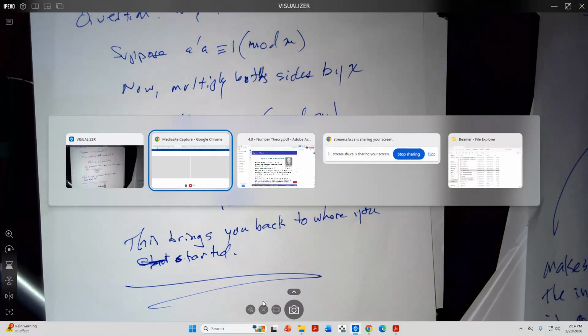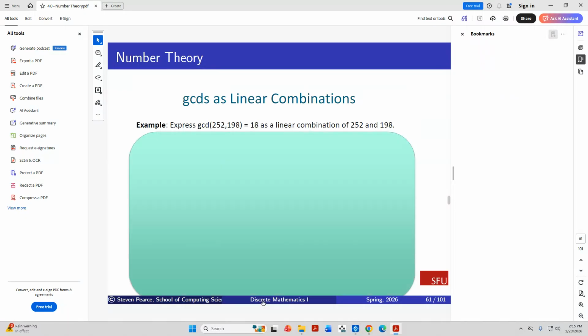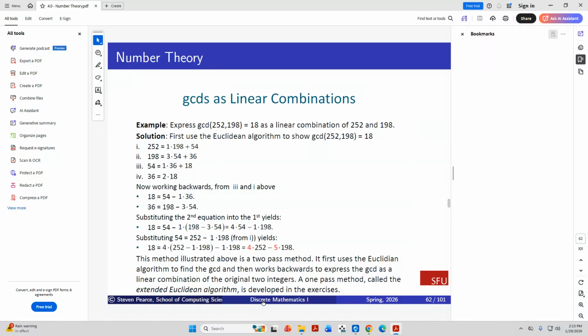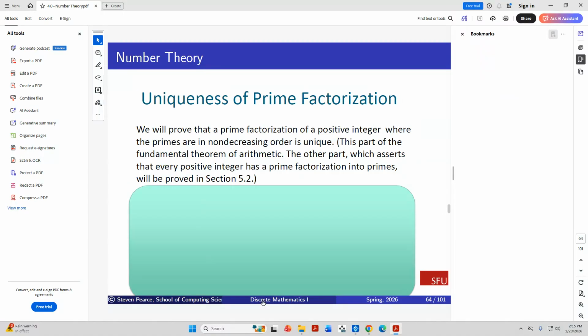All right, and so let's just get back here. Bezout's theorem helps us do this. I think we did this already, these linear combinations. Consequences of Bezout's theorem is this thing we looked at already as well. We will prove that a prime factorization of positive integers, where the primes are in non-decreasing order, is unique.